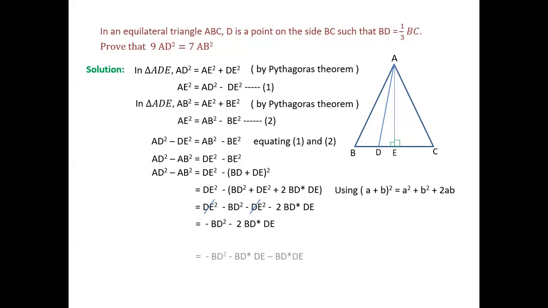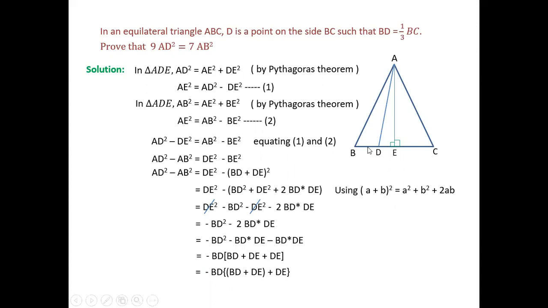Now I write 2BD·DE as BD·DE two times. Taking minus BD common, the BD square leaves one BD inside, and because of the minus sign outside, the sign of the other terms becomes positive, leaving DE. So it is minus BD times (BD plus DE plus DE).